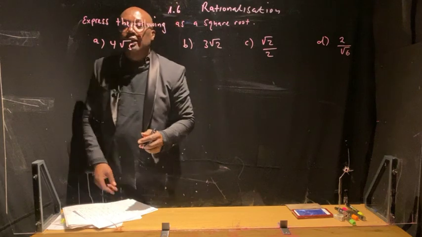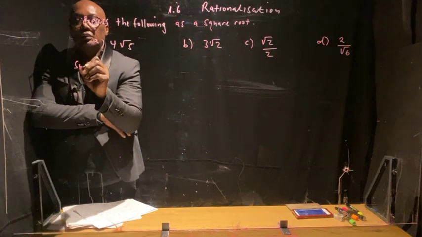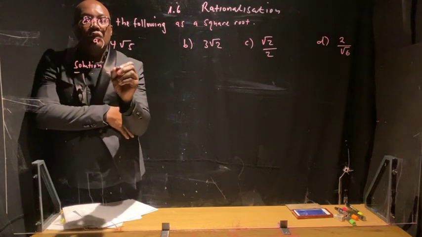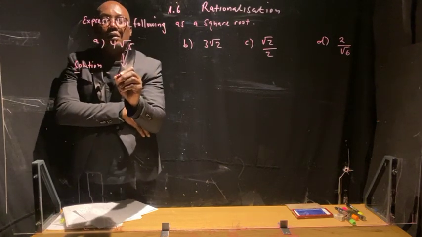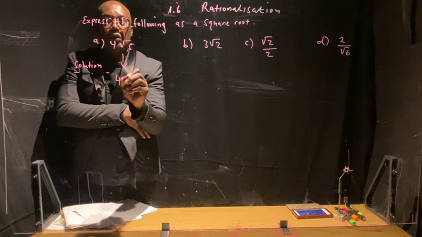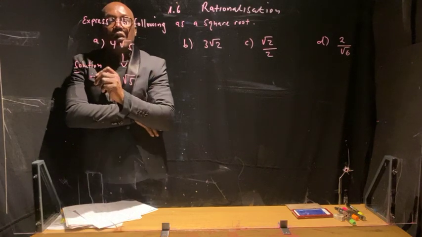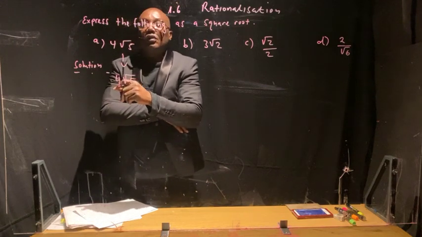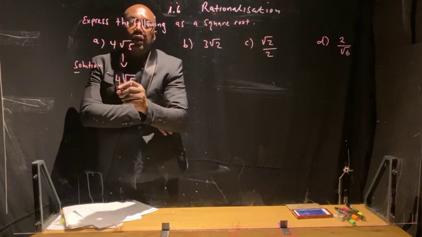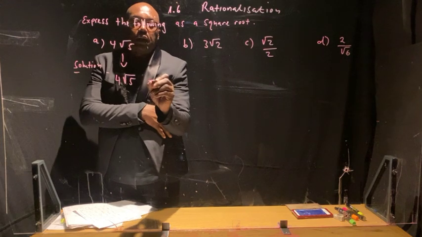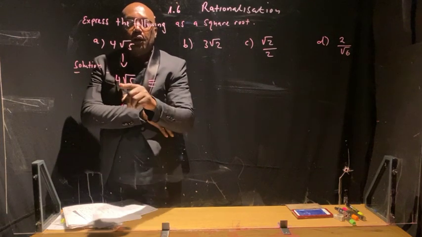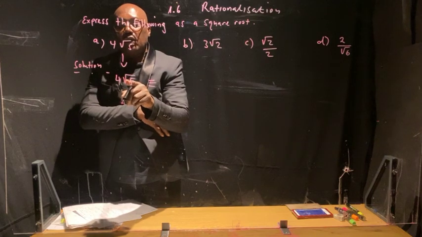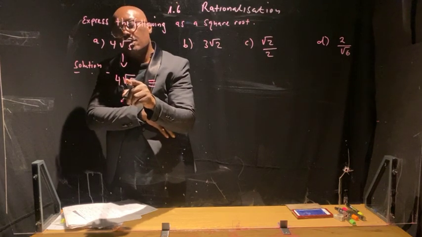Solution. A, you have 4 root 5. And we are requested to express this expression as a square root. How do we do that? To do that, the 4 here, I'll push it inside the square root.